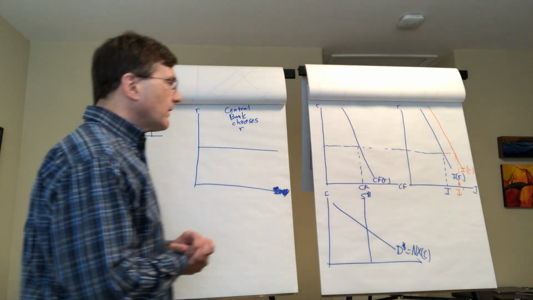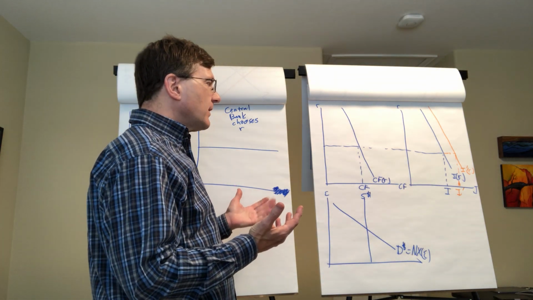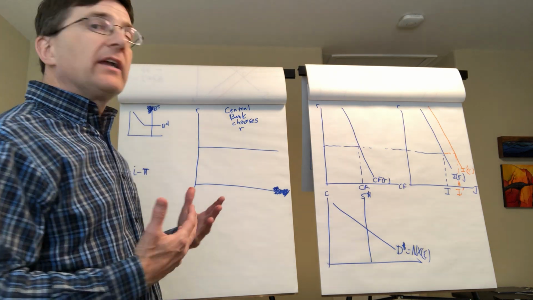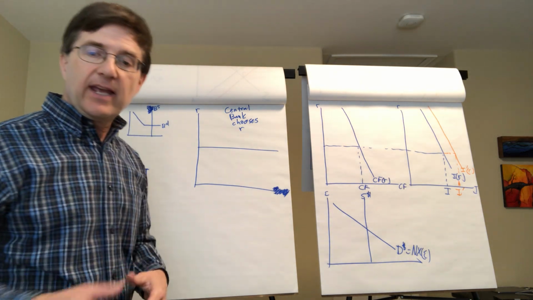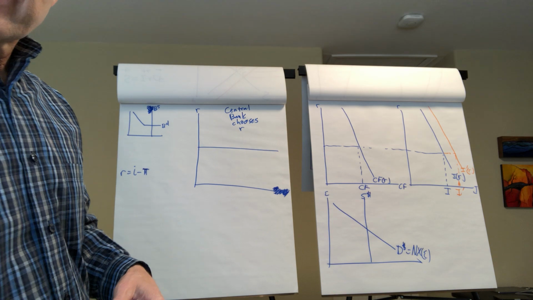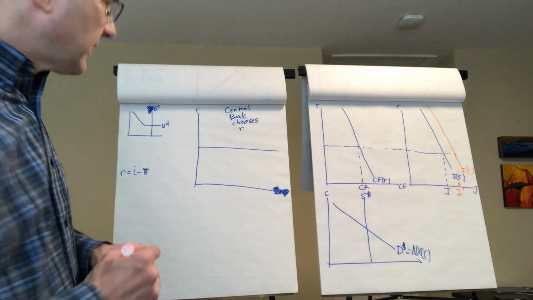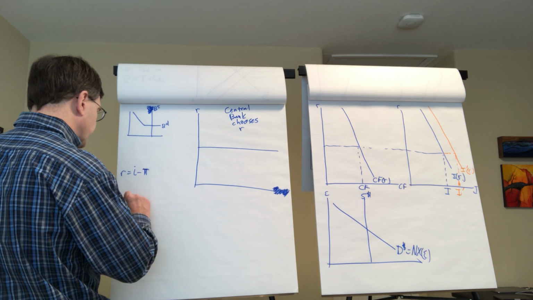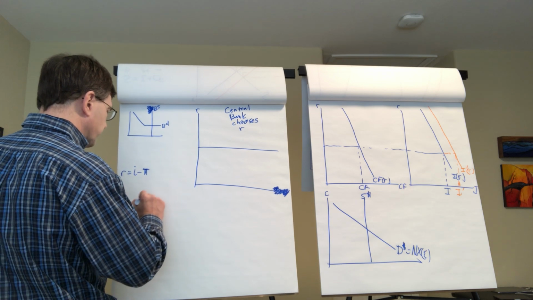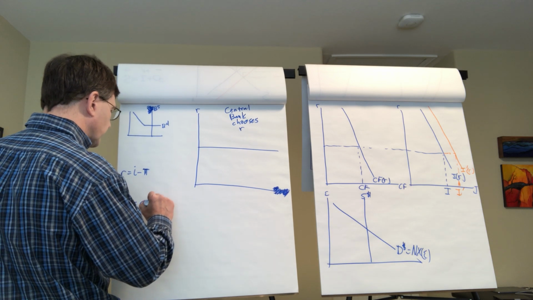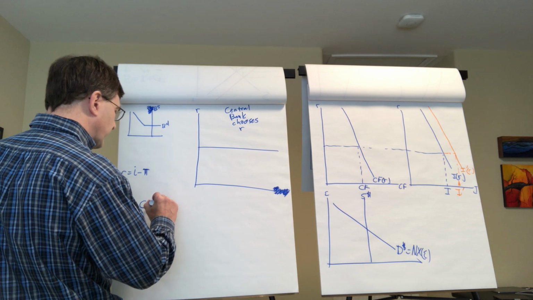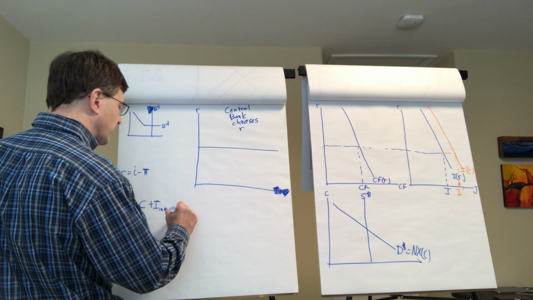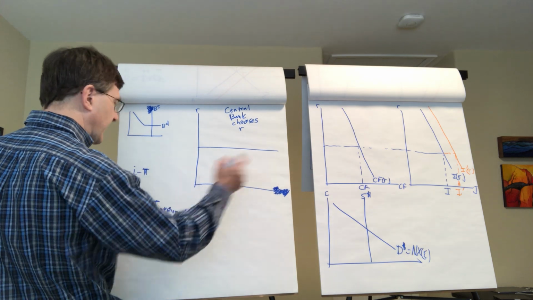Now, of course, if the central bank doesn't do anything, this is an increase in aggregate demand, because aggregate demand was equal to consumption plus intentional investment. And of course, intentional investment is really what we're diagramming here.